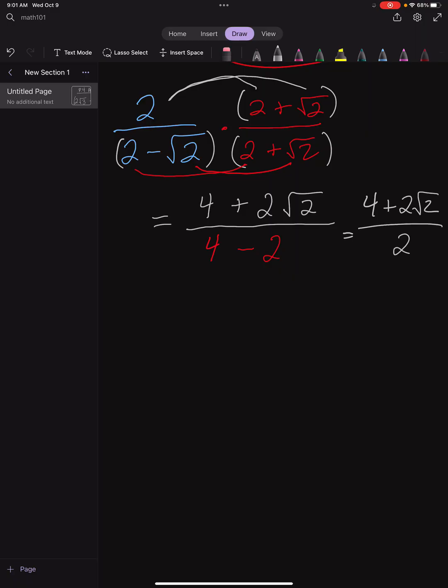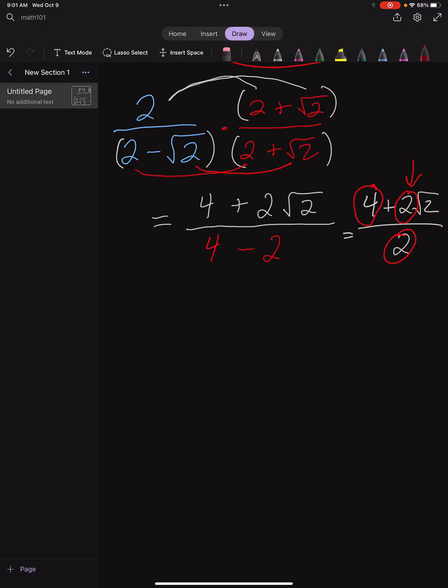And if you notice, both 4 and 2 are divisible by 2. This is going to happen a lot when you're dealing with rationalizing the denominator, but it will not happen every single time. So don't get too happy. Like, for instance, if this number here was a 1 or a 5 or any odd number that's not divisible by 2, you could not cancel a 2 out of the 4.